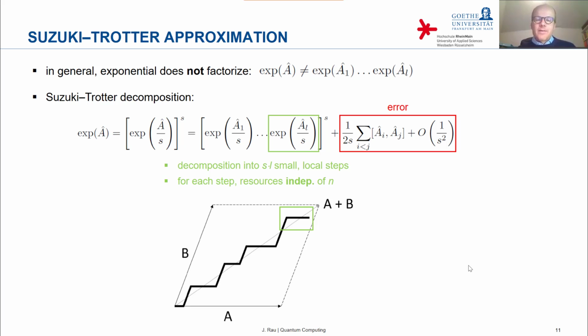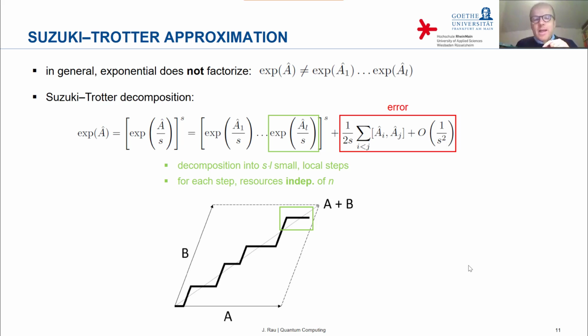Now, that scales, first of all, with 1 over s, because that's explicitly the prefactor. And then the operators A_i, the individual A_i, do not scale with n. But what we have to do is count the number of terms in the sum, and investigate how the number of terms scales with the number of particles.